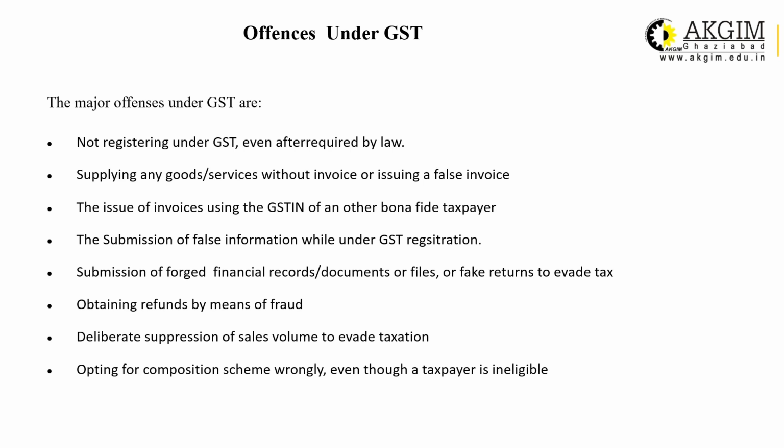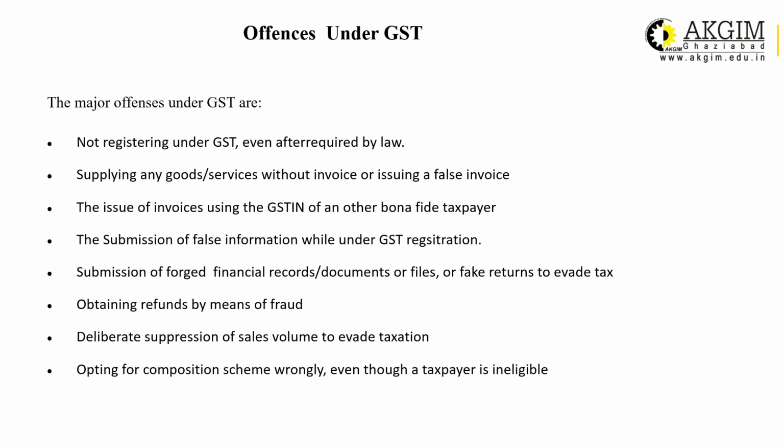Supplying any goods or service without notice, or issuing a false, bogus, fake invoice, is an offense. The issue of an invoice using the GSTN of another bona fide taxpayer: if you are manipulating the data and using the GSTN of any other taxpayer to issue wrong invoices, then it is an offense.